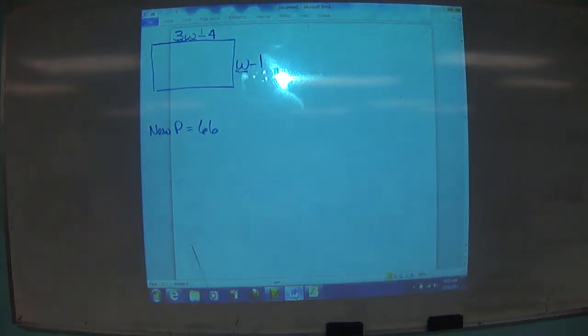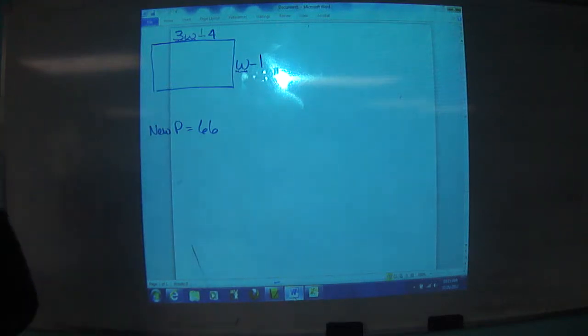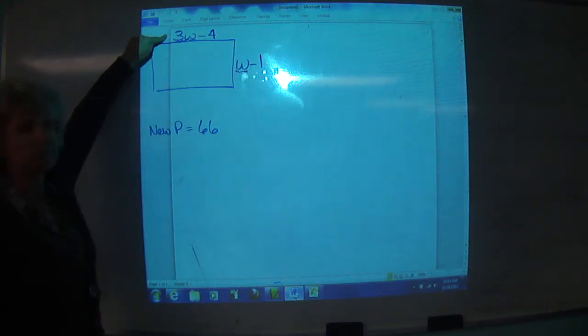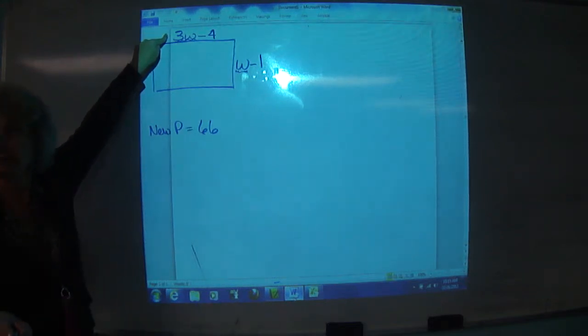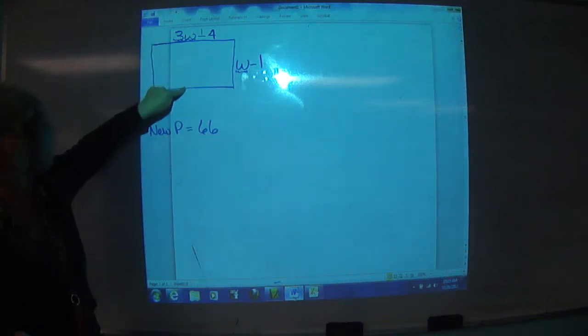Okay? So that's our problem. And I squiggled under the original measurements. So what do we know about a rectangle and a perimeter? What's a perimeter? All the sides added together. So what do we know about this side versus any other side? This side and this side, what do we know about them?